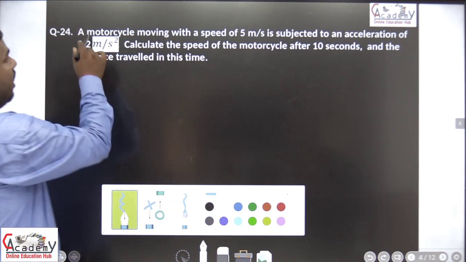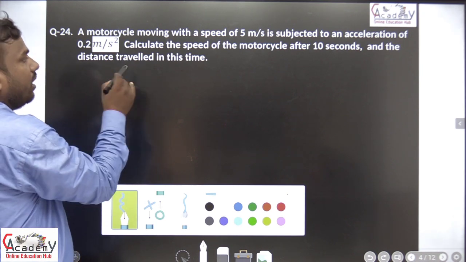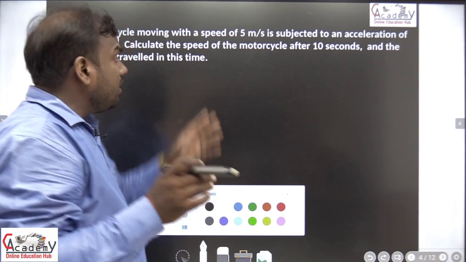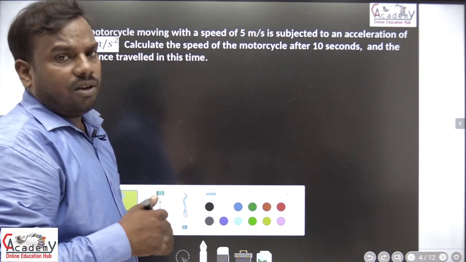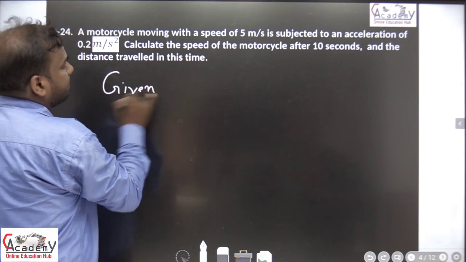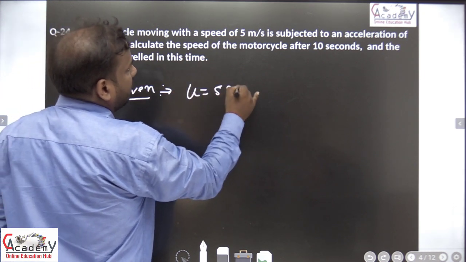Now, a motorcycle moving with a speed of 5 meter per second. A motorcycle moving with 5 meter per second means we can say that is the initial velocity. So what is given here? Given u is equal to 5 meter per second.